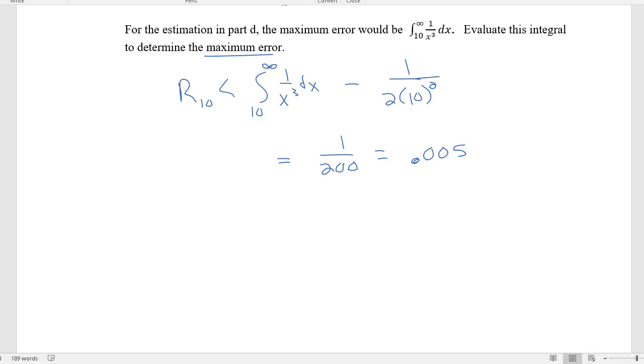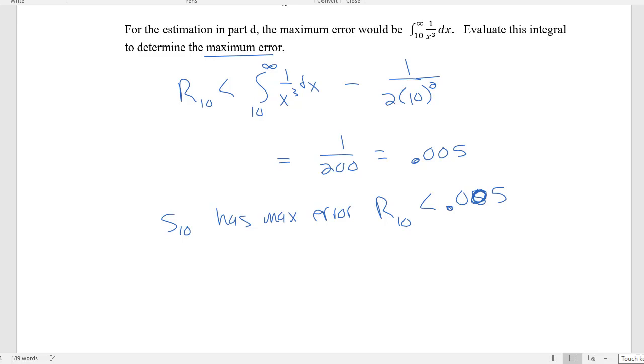Yes, 0.005. All right, so we are saying that the sum of the first 10 terms, which we just calculated up there, copied and pasted from the calculator, has a max error. We denote that max error as the remainder of the first 10 terms. So it has a max error that is 0.005.